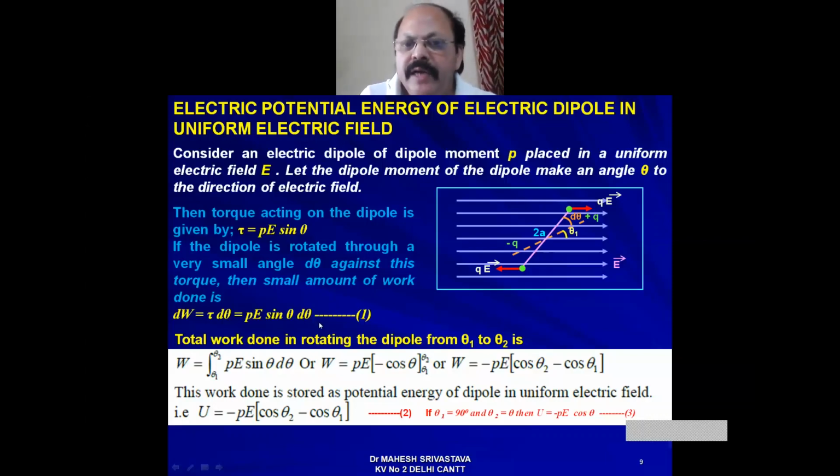Now if we calculate the total work done for rotating the electric dipole from theta 1 to theta 2, then we integrate it. So when we integrate it, what will you get?